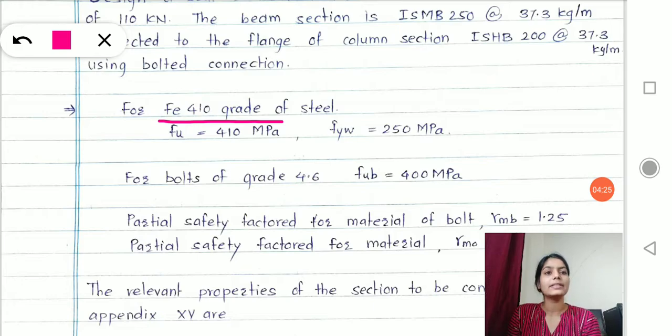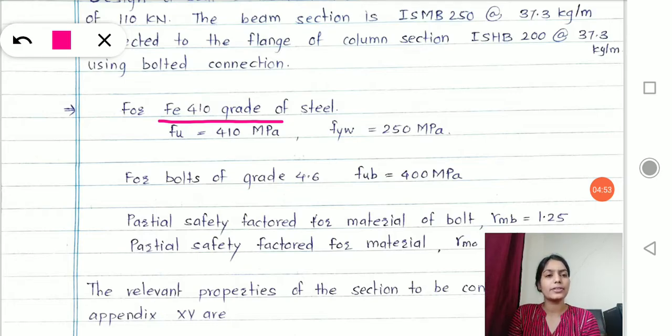Next is fyw, the yield stress, 250 MPa. The bolt is of grade 4.6, and the bolt's yield stress is 240 MPa.